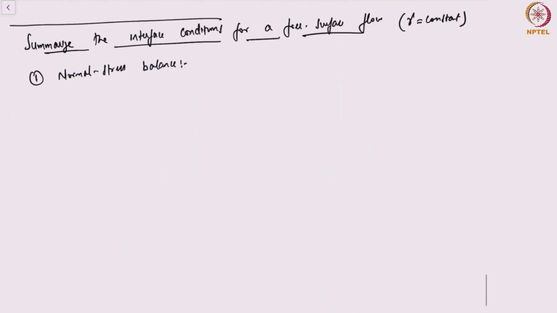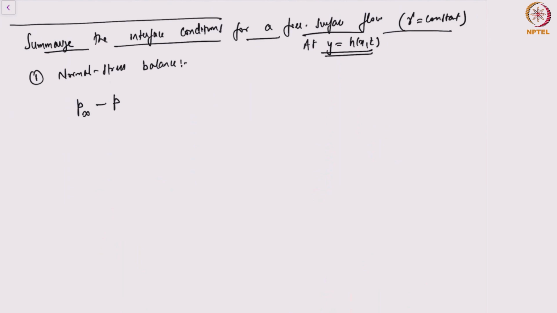The normal stress balance essentially says that the pressure above minus the pressure below, all of these conditions are at y equals h of x comma t. They are only applicable at the interface. So when we refer to the pressure in this condition, we mean the pressure just below the interface.